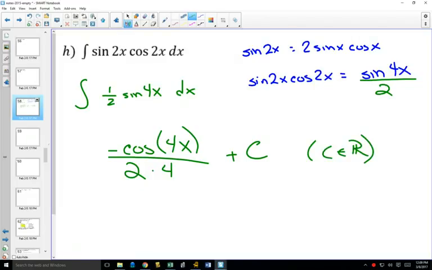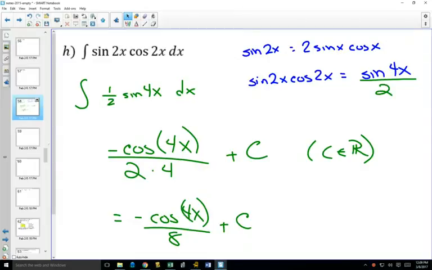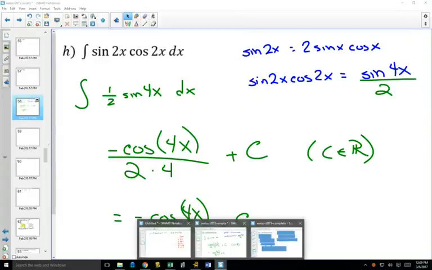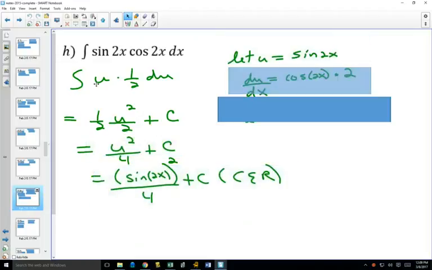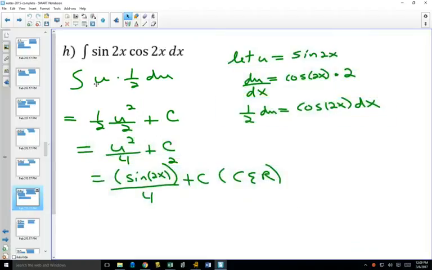Now, this is fascinating because our answer using this technique, if we compare it to what we got yesterday when we did this question using our substitution technique, is really different.